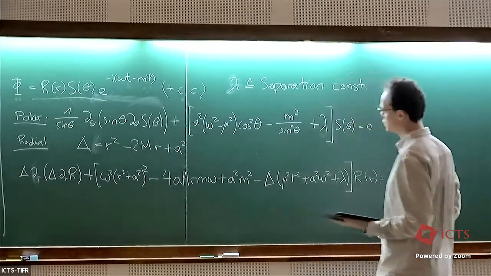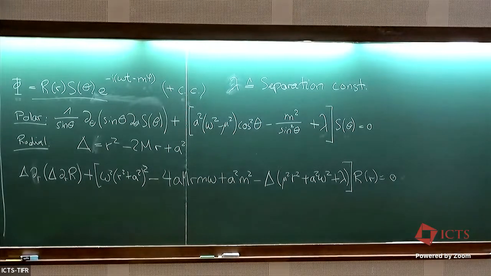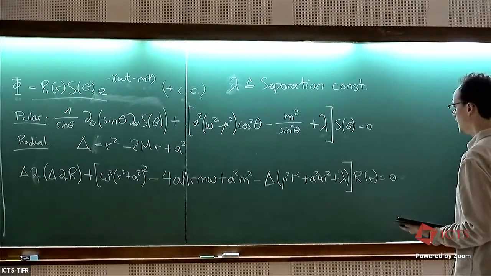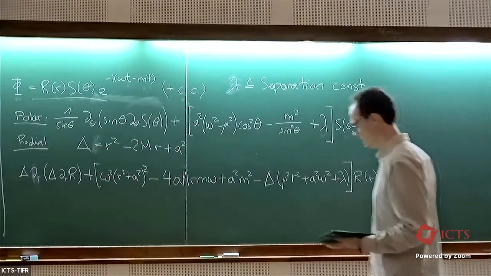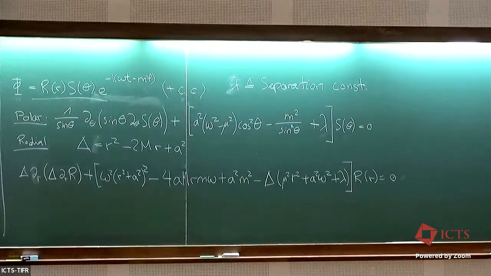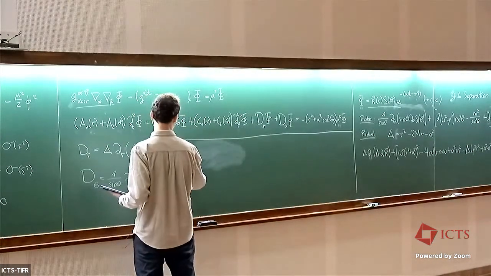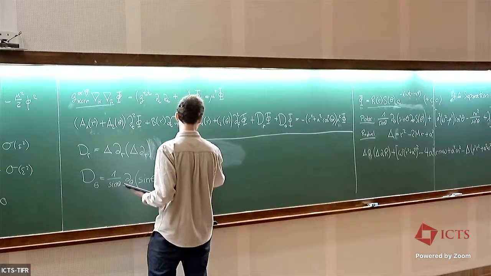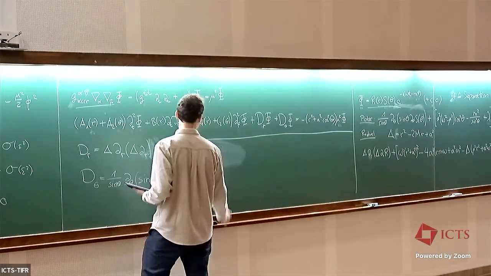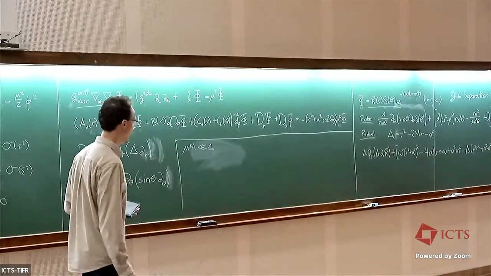But to solve these equations, let's make another approximation. And this approximation has kind of an intuitive way to understand it. What we're going to be interested in is the regime where mu times m is much smaller than 1.